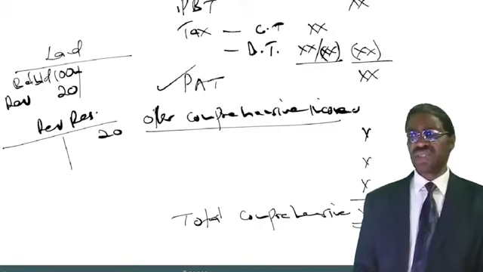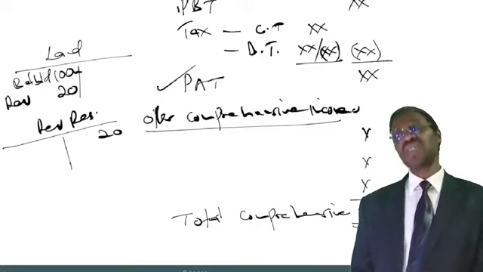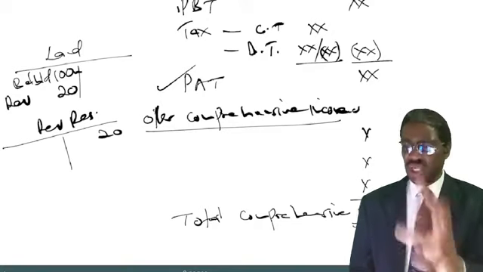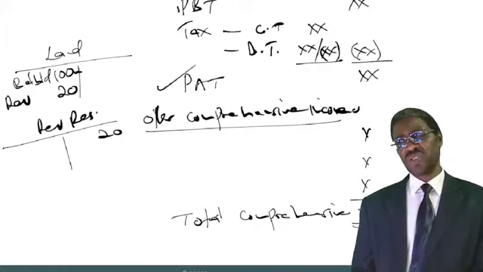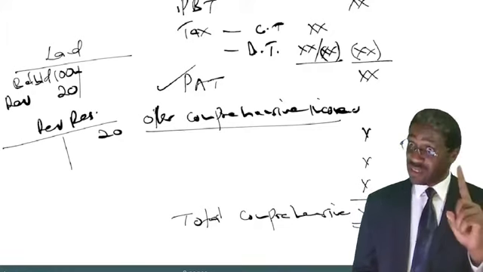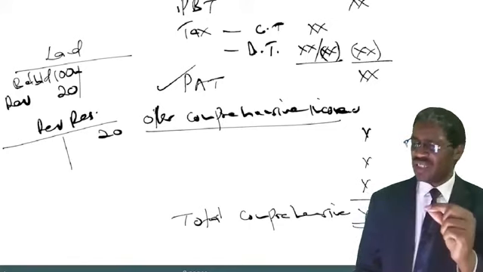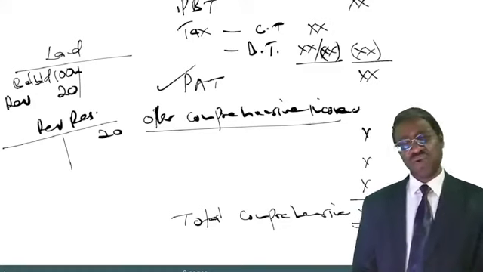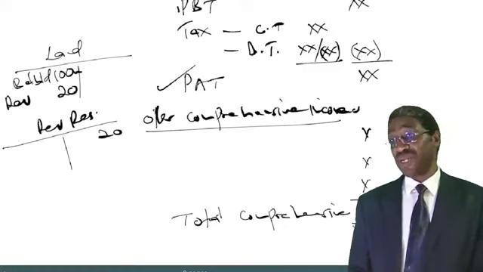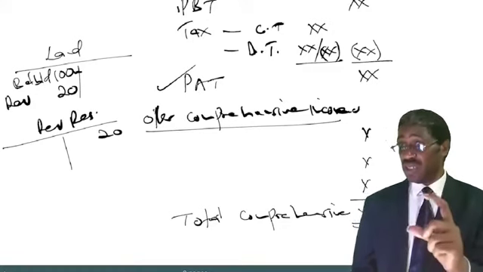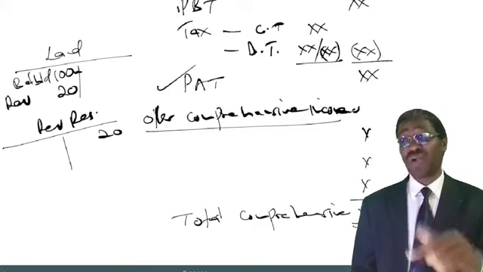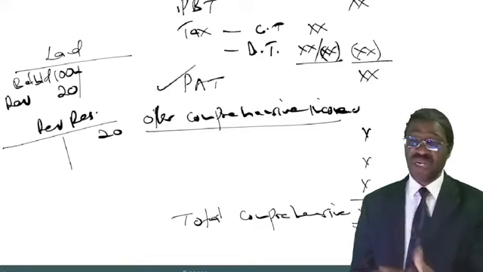This 20, is it a gain to the company? Yes. Should it not go to the profit and loss? No. It goes direct to a reserve account. Though it's a gain, the rules of accounting don't say I take it to the P&L. The rules don't say that I debit machinery or I debit land and I credit P&L account.